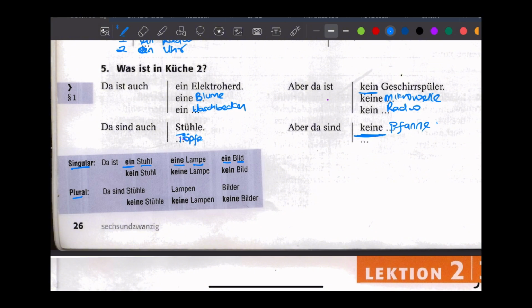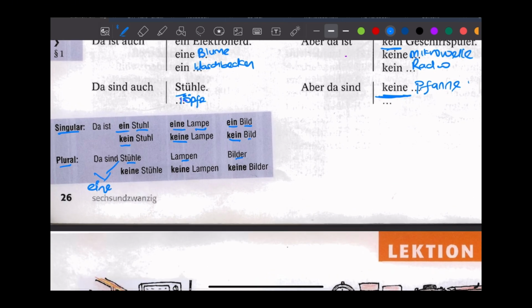Das ist kein Stuhl, keine Lampe, kein Bild. Plural, das sind Stühle, Lampe, Bilder.